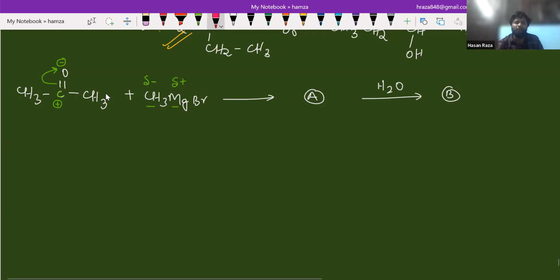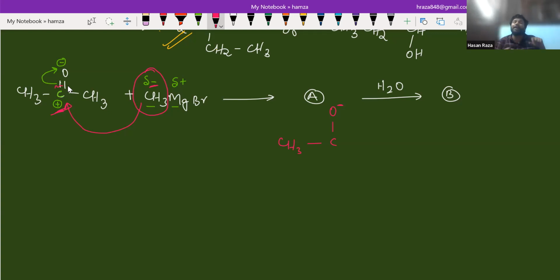Now what you need to do is just transfer the alkyl group to the carbon. Negative will be attracted by positive. Since oxygen is making only one bond, this bond will be broken, because oxygen will withdraw the electron from carbon.